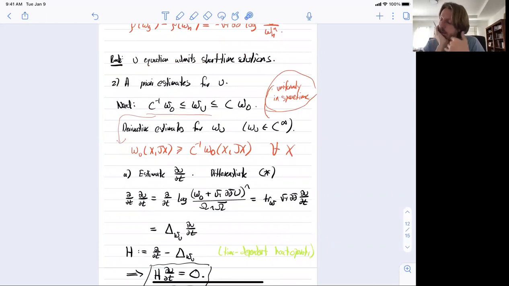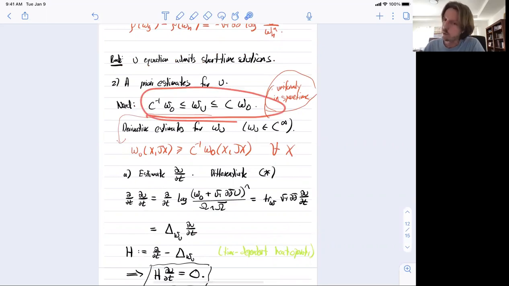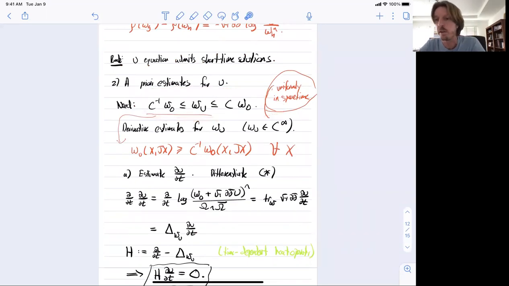Just to recap, we got the determinant uniformly under control, we got u under control, and then we did this trick with this trace quantity to get the trace uniformly under control, for all of space and time. And so now we have this uniform equivalence of the metrics.